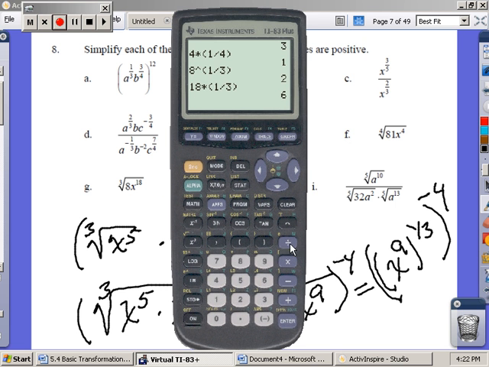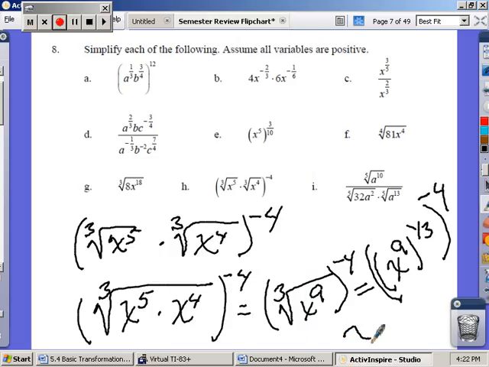I have 9 times parentheses 1 divided by 3 parentheses times negative 4. My answer is x to the negative 12. Can I leave x to the negative 12? No, I have a negative exponent, so I put 1 over x to the 12th.